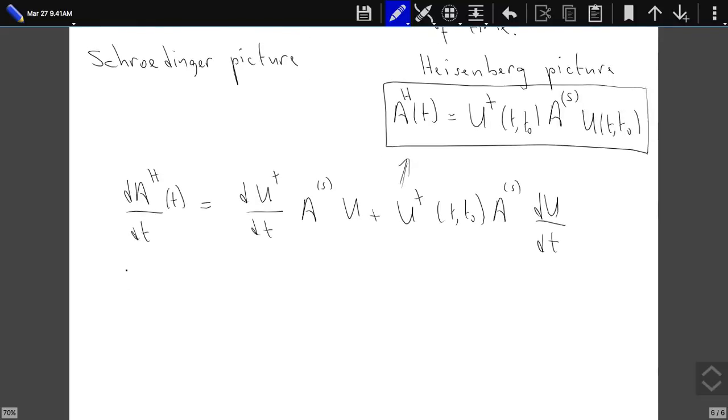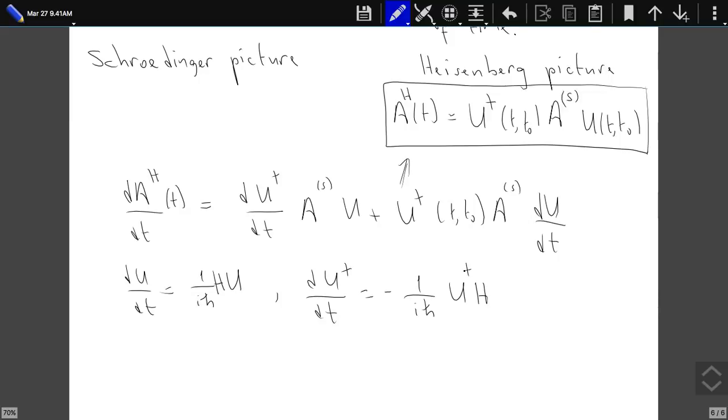We had already calculated that du by dt is just 1 over i h bar H times u. So the derivative of u dagger by dt will be just minus 1 over i h bar u dagger times H.